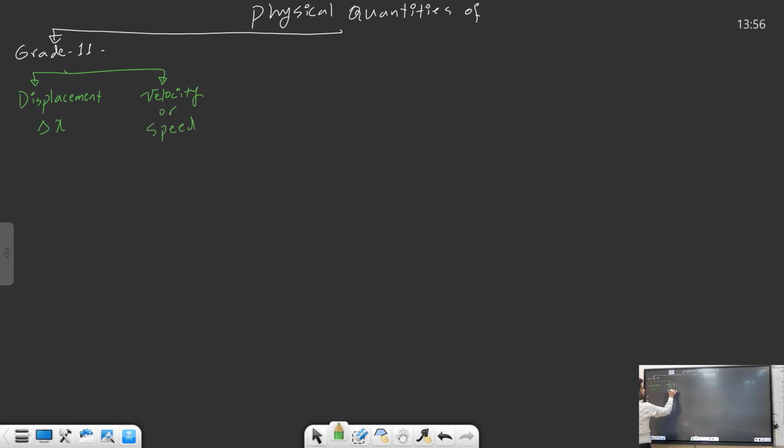You studied both of them, okay, which was denoted by small v, and acceleration, which was denoted by small a, okay? In this lesson, I am going to talk about displacement because displacement is going to be the first physical quantity used to describe circular motion or rotational motion.